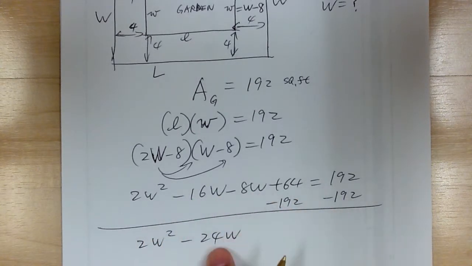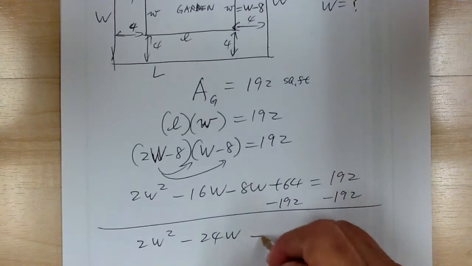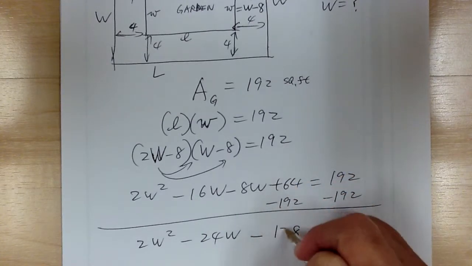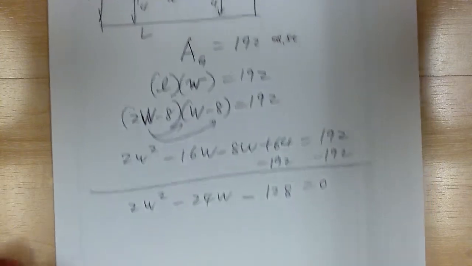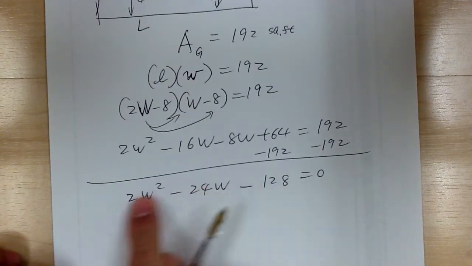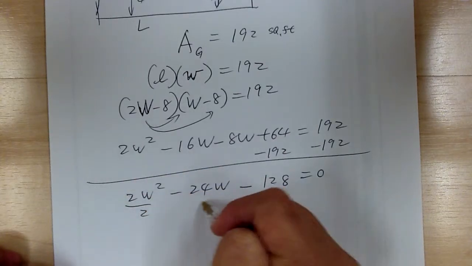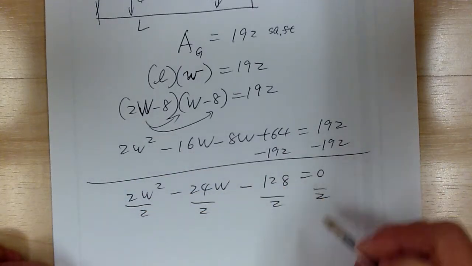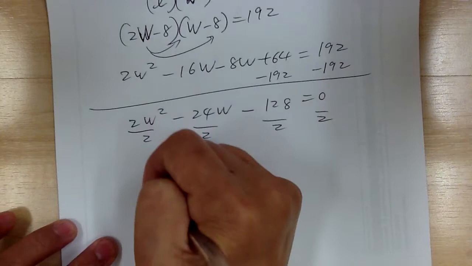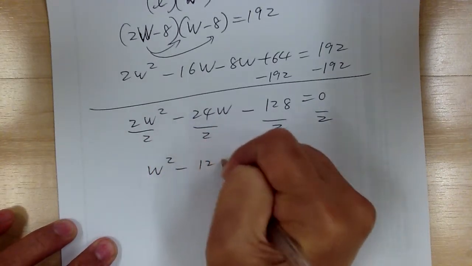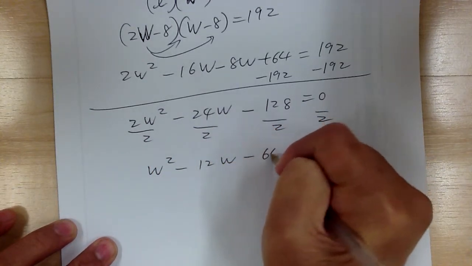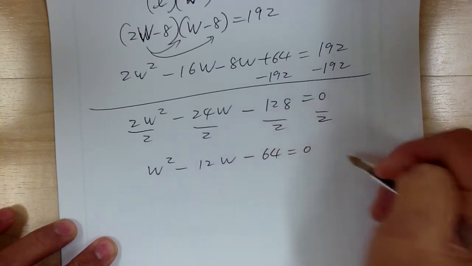Minus 16 minus 8 give you minus 24, and this would be minus 128 equal to 0. Okay? Now again, all this, the number is going to be big if you do the factoring right now. So you want to divide everything by 2. You want to lower your number as much as you can. So make your factoring a little bit easier. So W squared minus 12W minus 64 equal to 0.